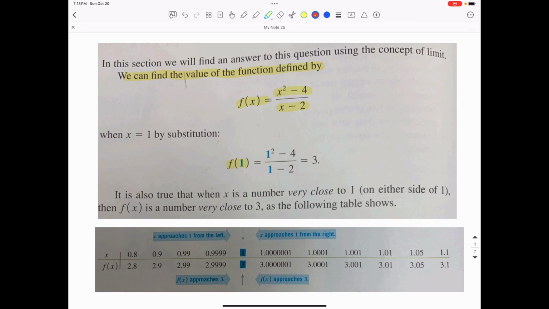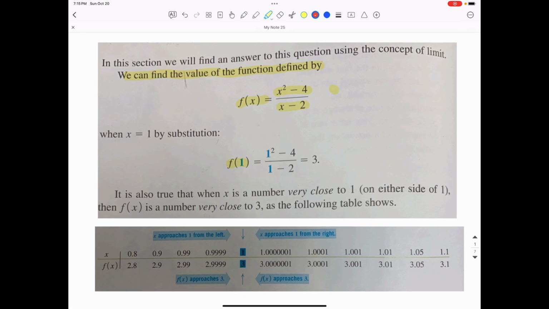So what happens if we try to do the same thing, but instead of picking 1, we want to figure out the value of f of x when we plug in a number that is extremely close to 1? For example, let's say we have f of 1.1, just a little bit higher.